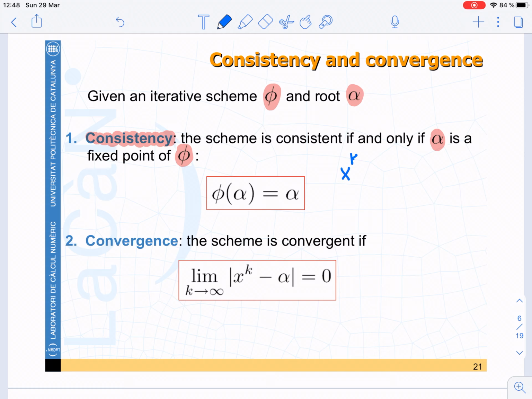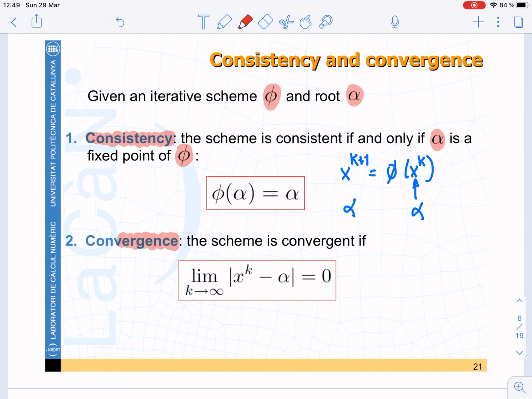If we iterate x_{k+1} as phi of x_k, of course, we expect this iterative method to stay still if x_k equals alpha. We wouldn't want an iterative method that, if alpha is known, recommends to move away from alpha. So that is consistency.